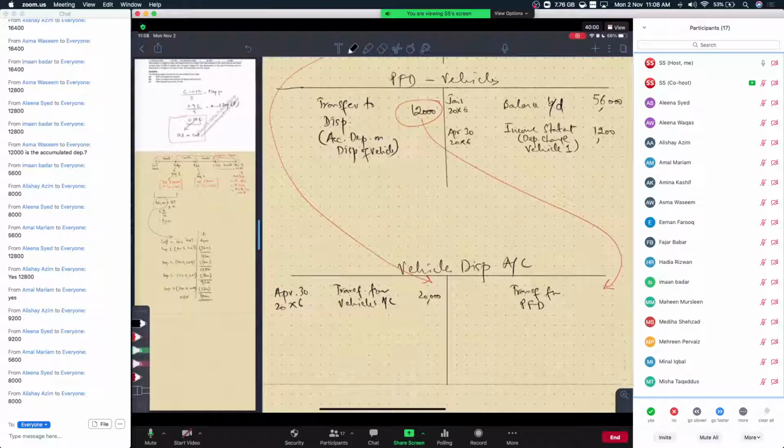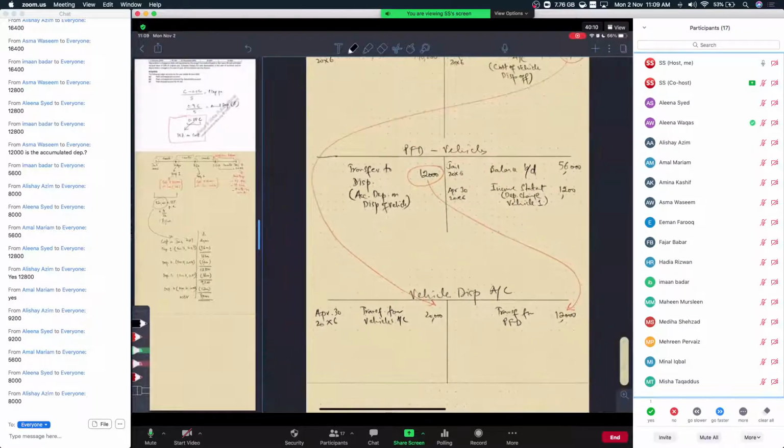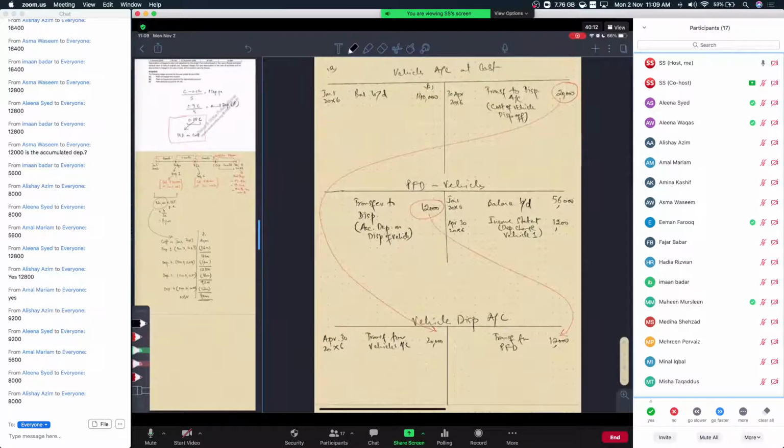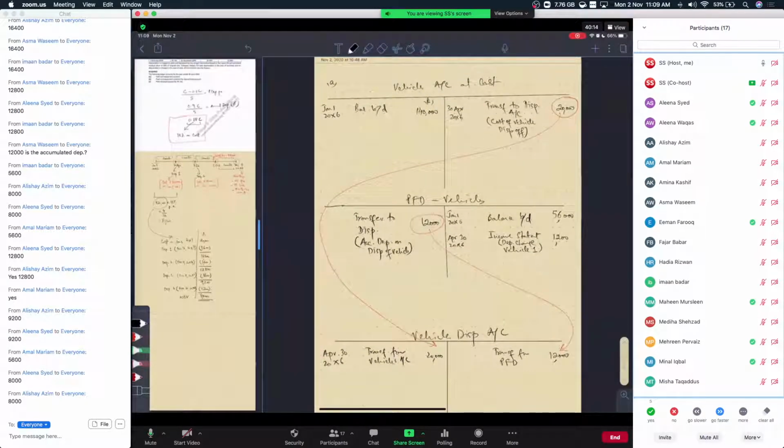And that would be $12,000. So the two transfer entries are done. Do you agree with this figure, this calculation? Let me just make it a little bigger. Give me a green check if you understand the problem so far. Alicia, Hadia Rizwan, Iman Badr, Atiha, and Misha. Very good.